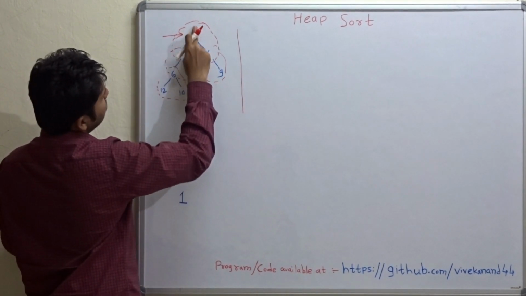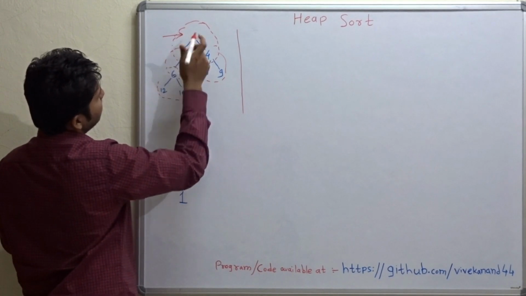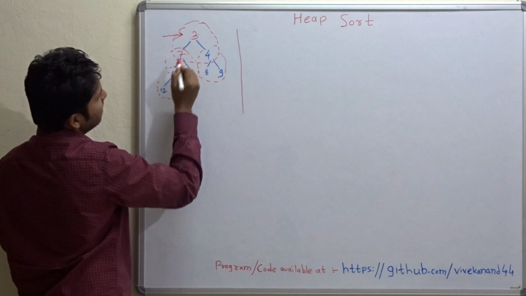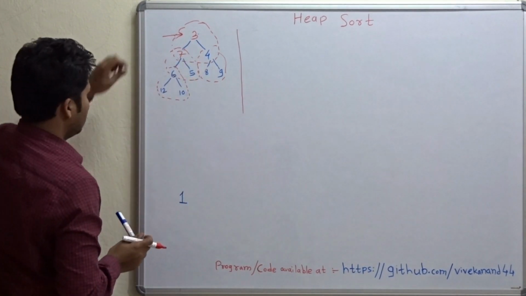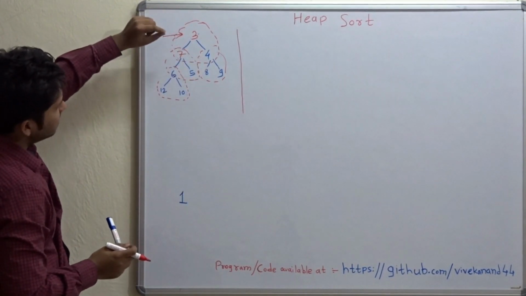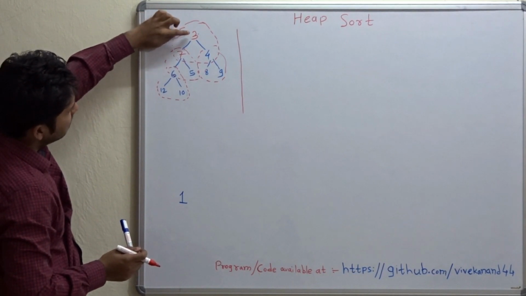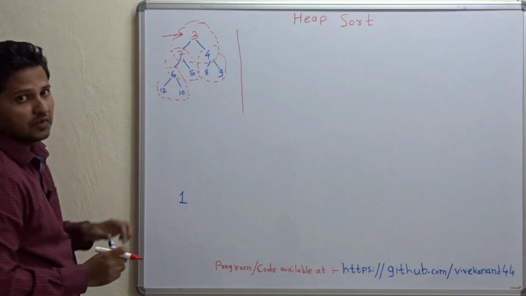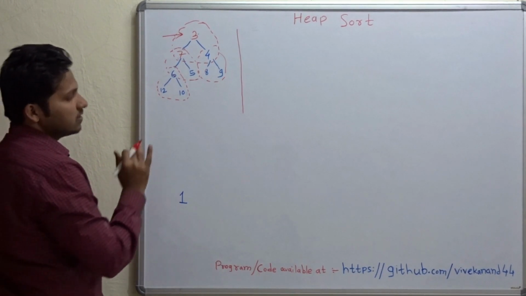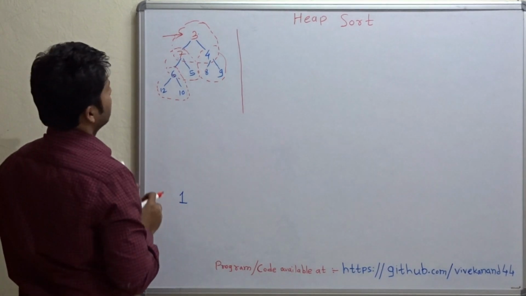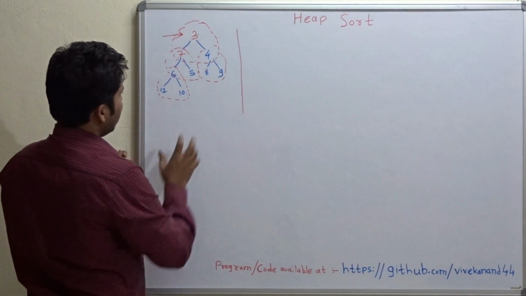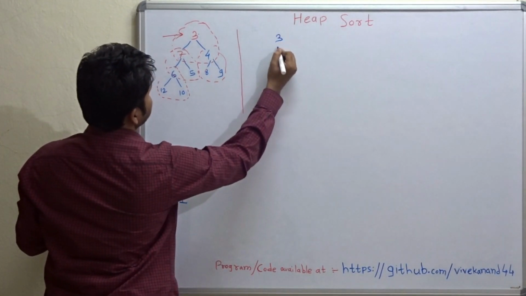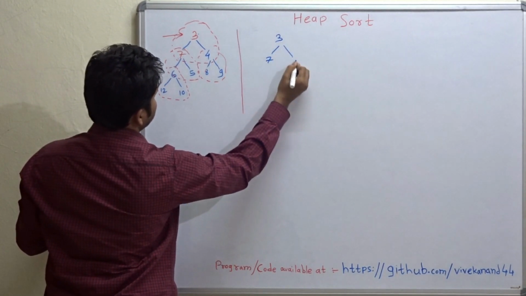So we have to swap 3 and here 7. Let's check whether this satisfies the heap condition. 3 satisfies 7. 7 is greater than 5. This means that we need another heapify method. So first let's write this tree clearly and then apply the second heapify method.